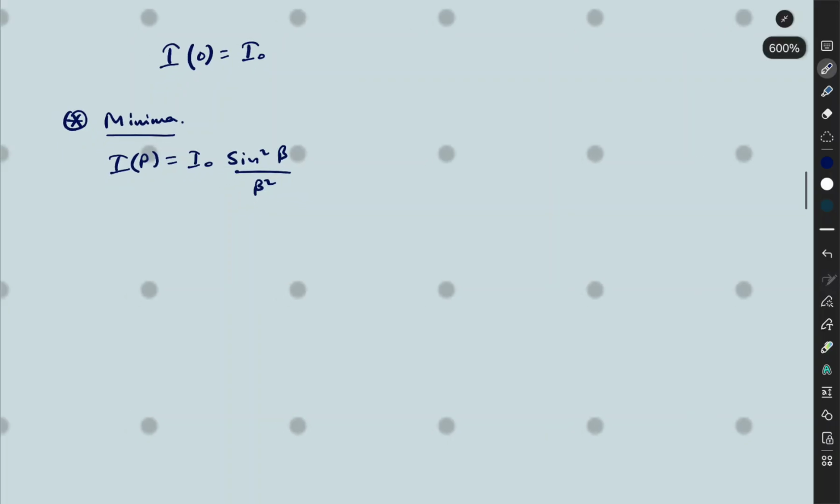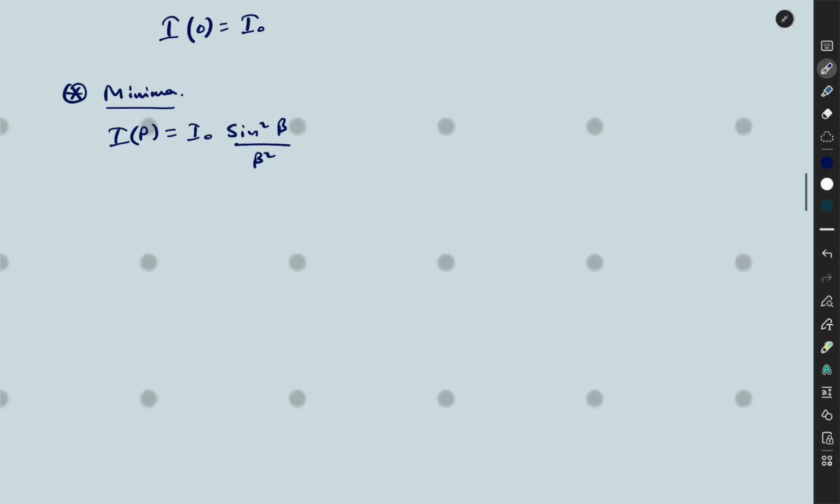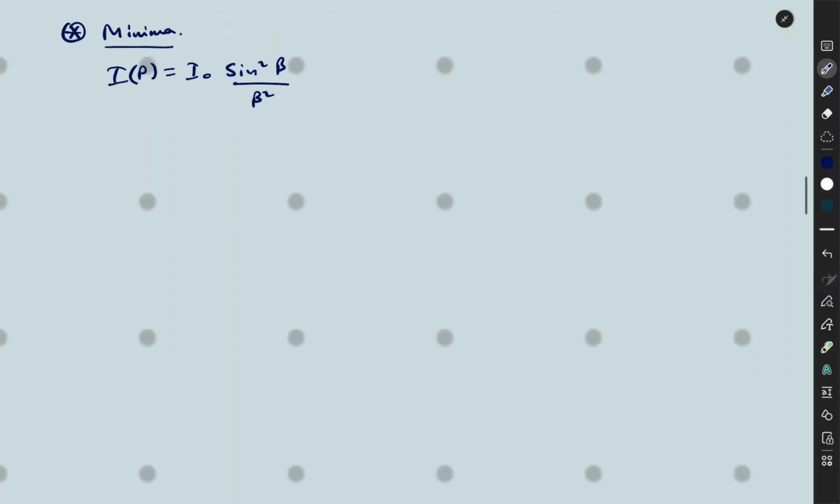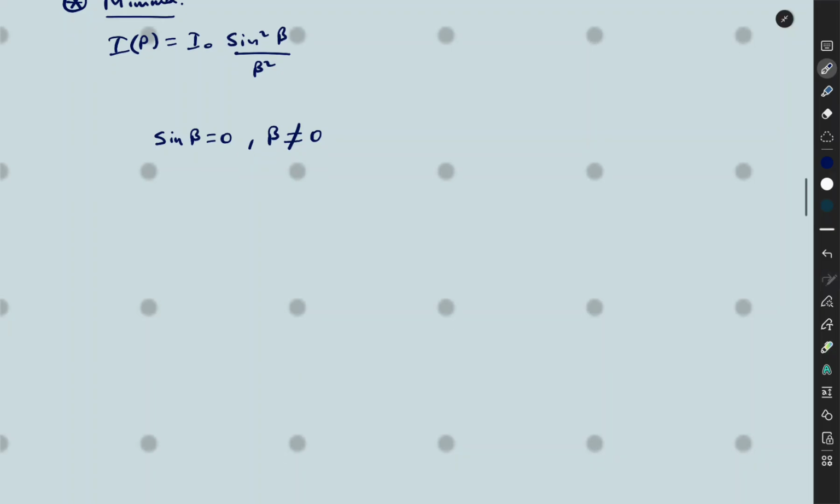To get our intensity minima, we need sine beta equal to 0. So what will be our condition? Sine beta should be equal to 0, and simultaneously beta should not be equal to 0.